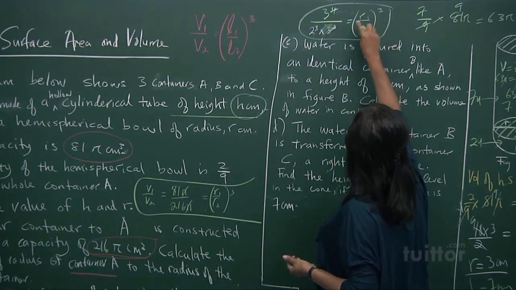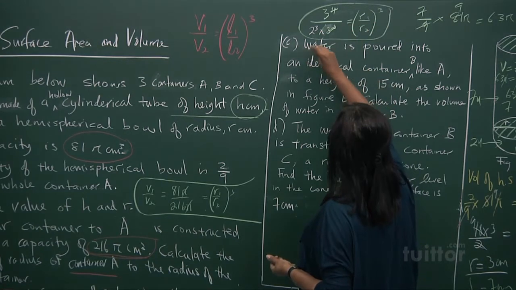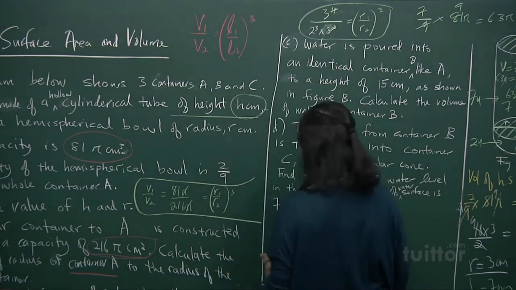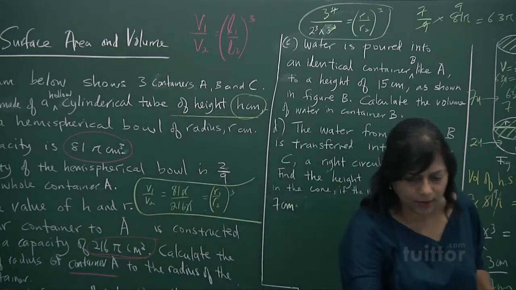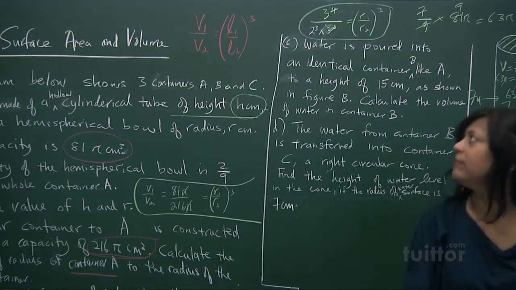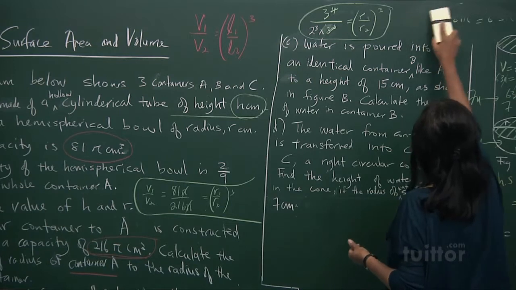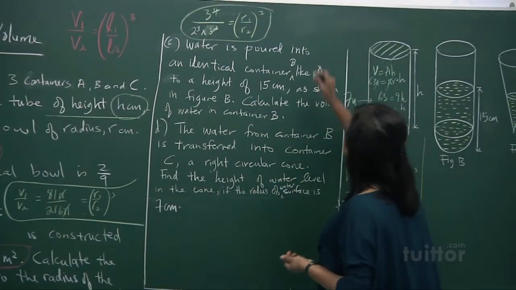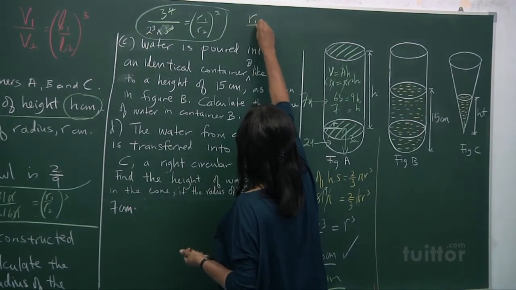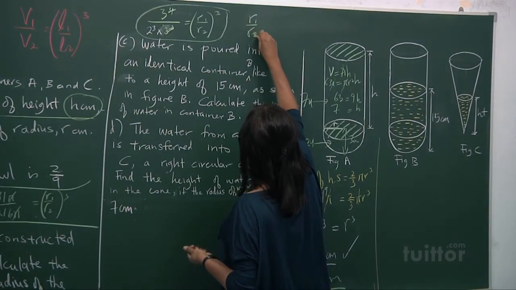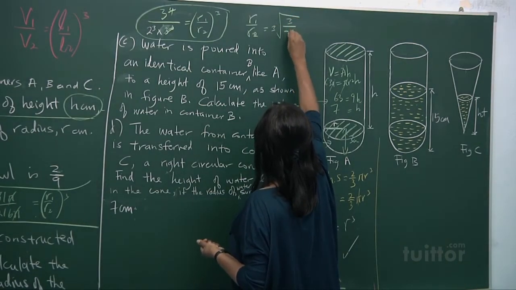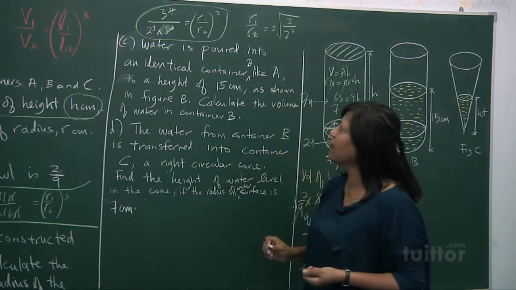And when you find the cube root of R1 over R2, the ratio, you can see that R1 over R2 will be the cube root of 3 over 2 cubed. You got that?